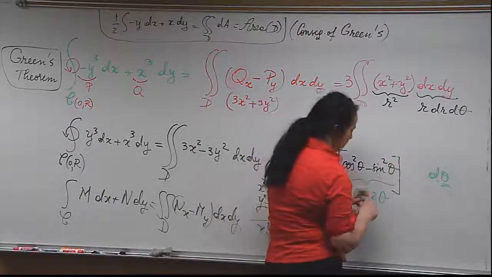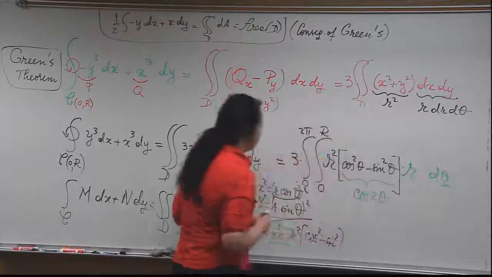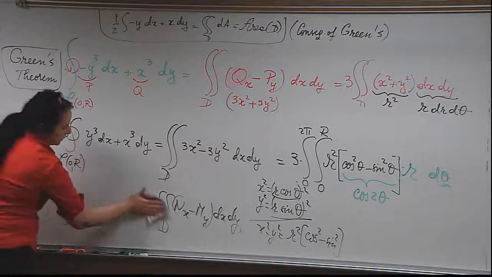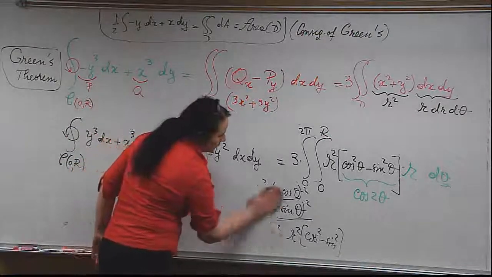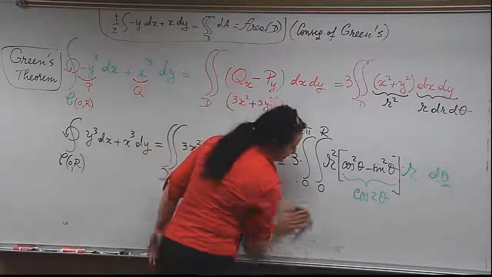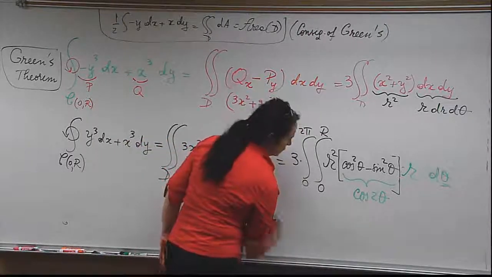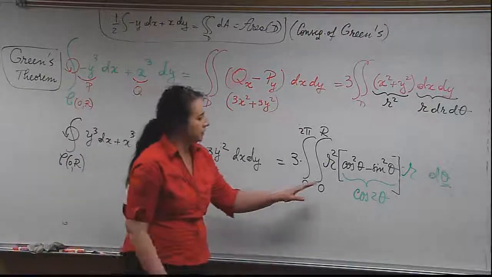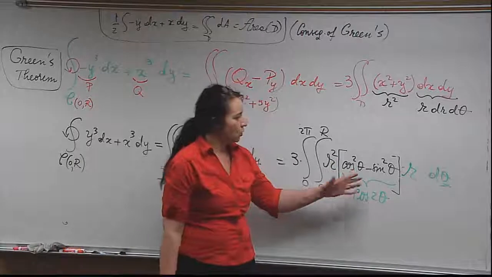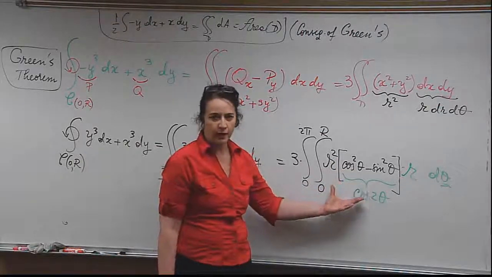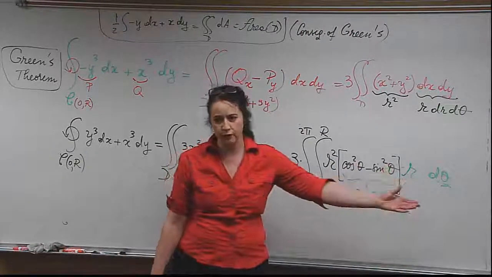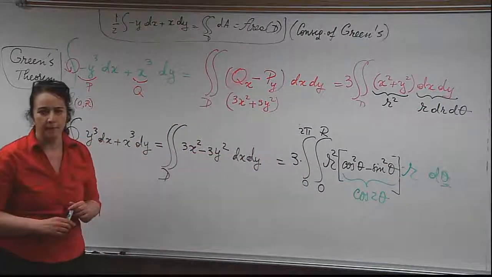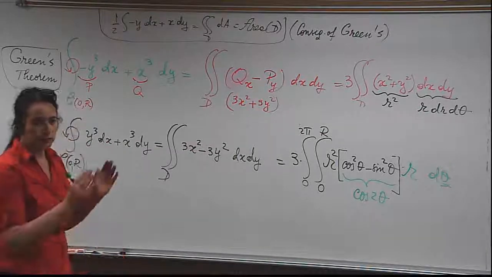Let me put the r nicely here. And now finally we know how to solve it. What is good for us is that, as Matthew observed a month ago, whenever you have a product of a function in r only and a function in theta only, your life becomes easier because you can separate the two integrals into a product.